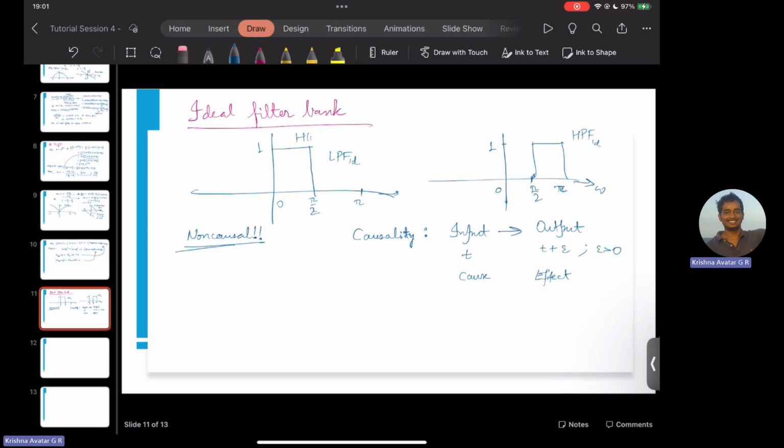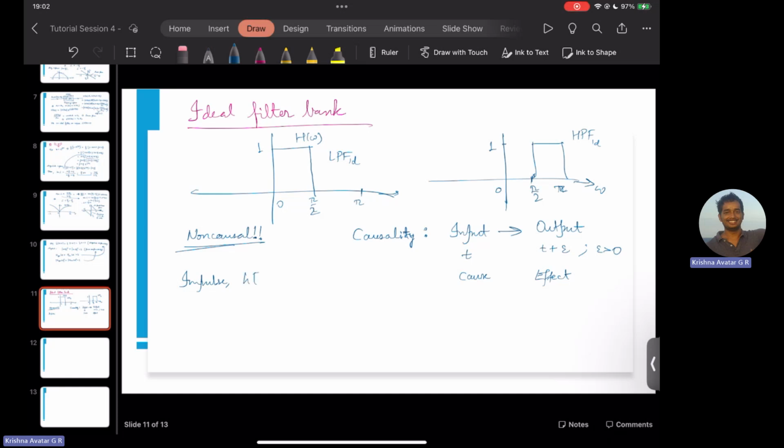And you'll ask, but why is that the case? Say you have H of omega. Then let's try to determine the impulse response. Since we are dealing with a discrete signal, the impulse response is of course the inverse discrete time Fourier transform of the impulse frequency response, right?